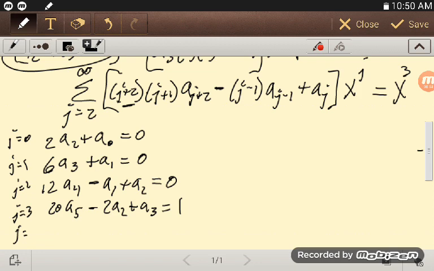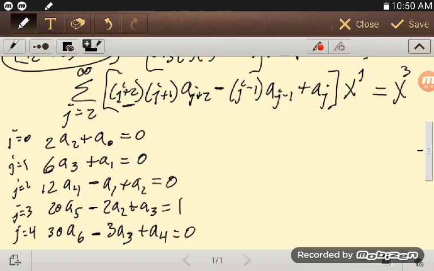And I'll go one more here to j equals 4, and with j equals 4 I get 6 times 5, so that's 30, a6 minus 3a3 for that middle term, and then plus a4, and that equals 0 again.